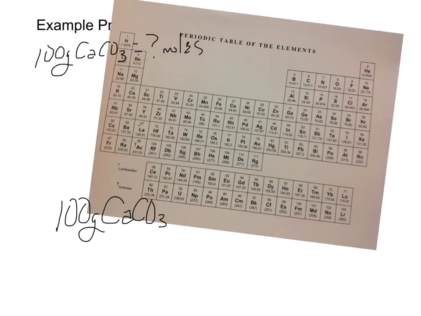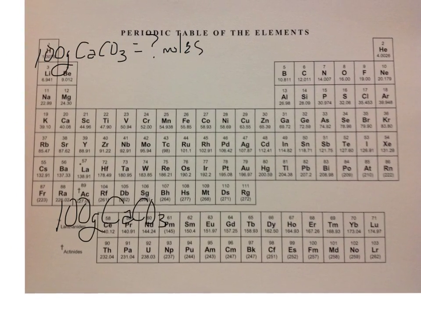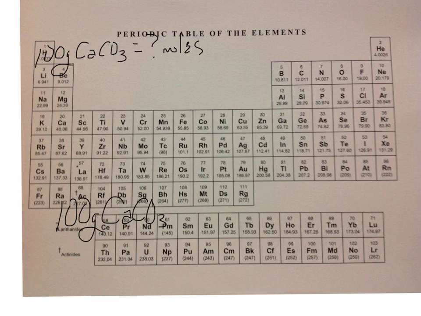So if I take a look at the periodic table, I have calcium, which equals 40 grams, and I have carbon, equals 12 grams. We'll just write the little symbol down below here so everybody knows, that's carbon, excuse me.